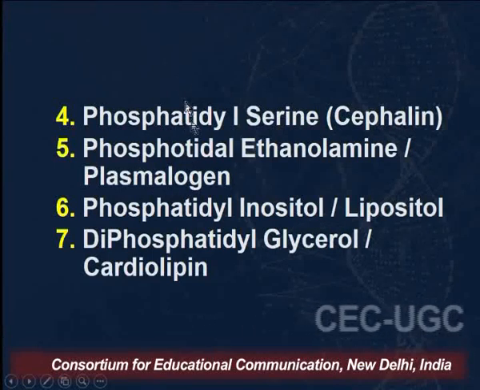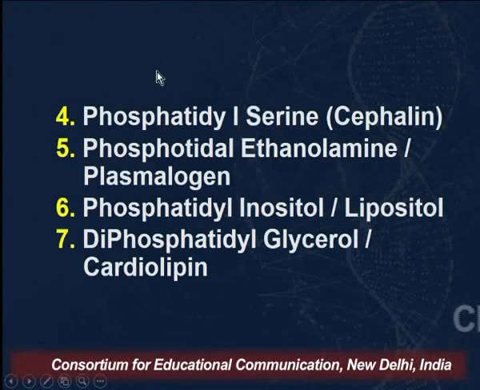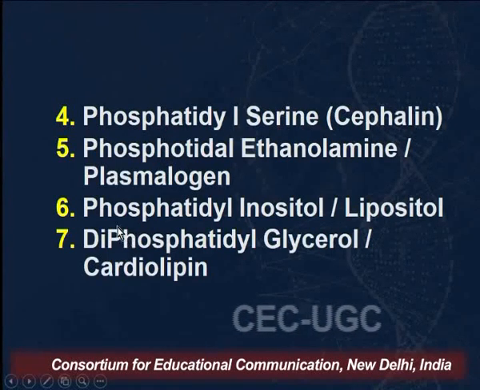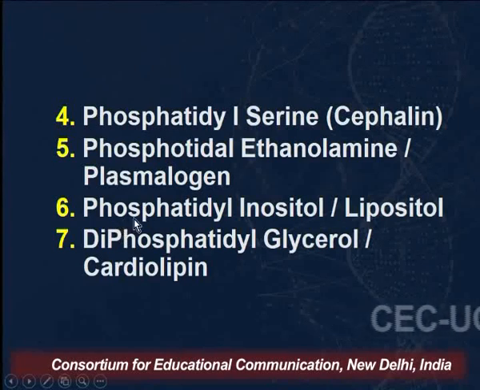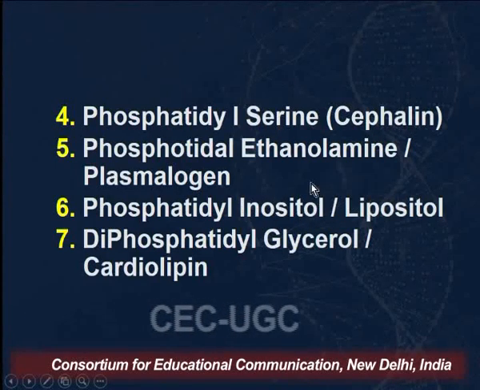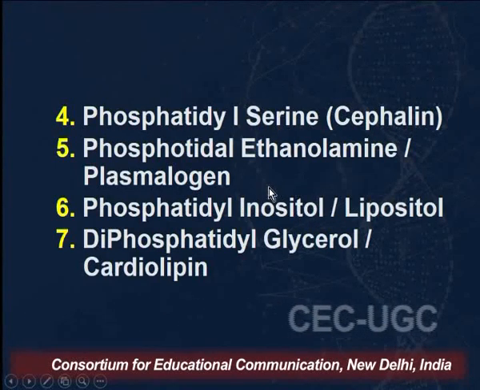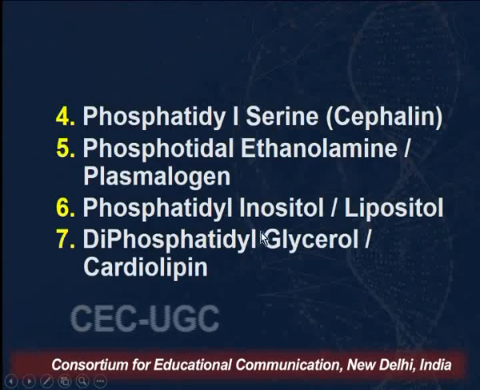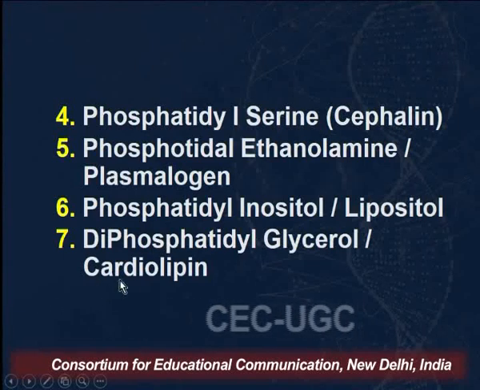So all these 5 phospholipids have nitrogenous bases in them. Whereas the 6th, phosphatidyl inositol, which is lipositol, does not have a nitrogenous base in it. And the last one is diphosphatidylglycerol, that is cardiolipin.